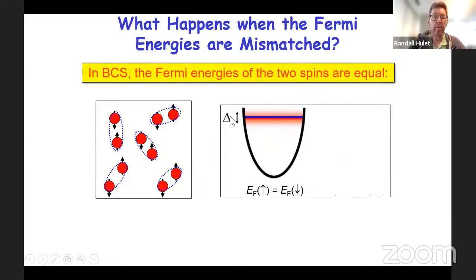All right, so this now brings me to the question of what happens when the Fermi energies are mismatched. The usual situation in a superconductor is that you have Cooper pairs that are completely balanced, in the sense that there are no excess spin-up atoms that remain after all the pairs are formed. The reason for that is that magnetic fields are excluded from superconductors by the Meissner effect.